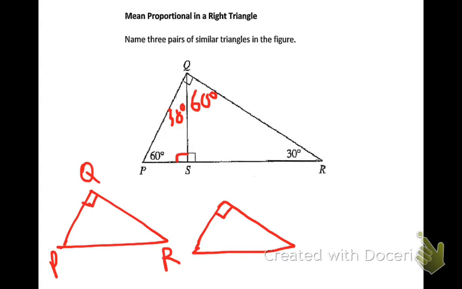Okay, so the right angle is right here in the medium triangle, so that would be S. The short side is SQ. Here's the short side in the drawing I'm making, so we would call this Q, and then the remaining side is R.